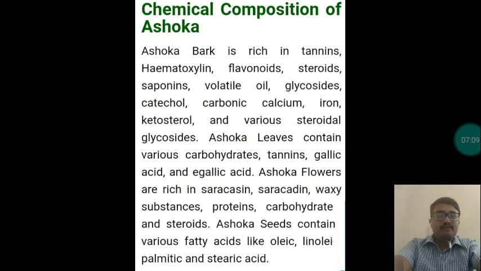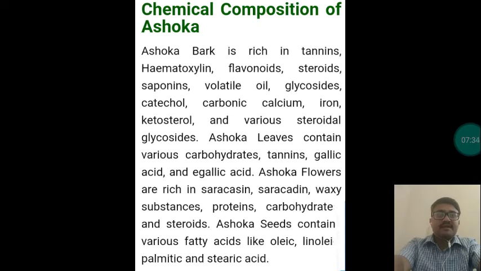Chemical composition of Ashoka. Ashoka bark is rich in tannins, hematoxylin, flavonoids, steroids, saponins, volatile oil, glycosides, catechol, calcium carbonate, iron, ketosterol, and various steroidal glycosides.